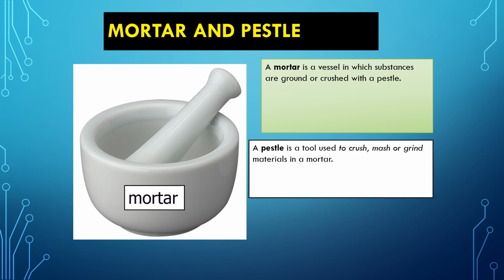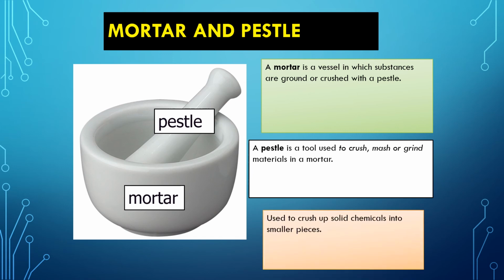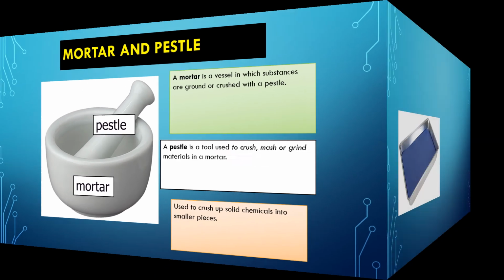A pestle is a tool used to crush, mash, or grind materials in a mortar. So that one is the pestle. What's the function? It is used to crush solid chemicals into smaller pieces.